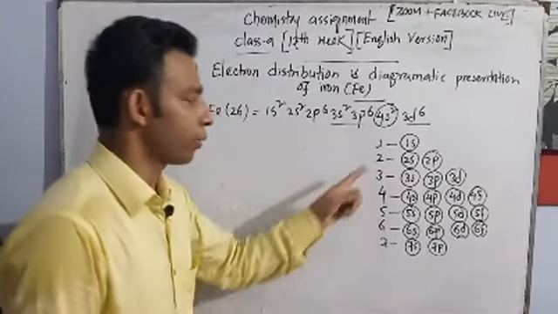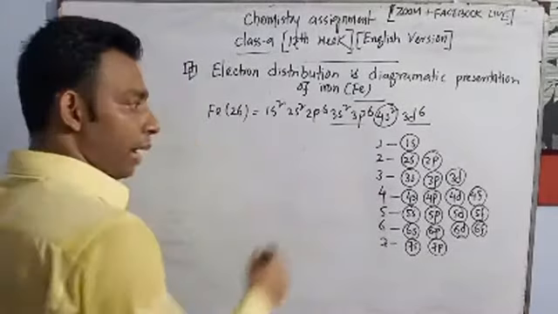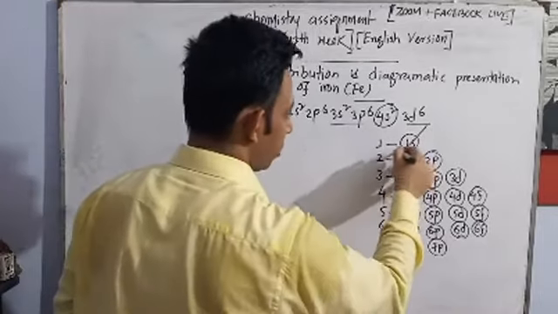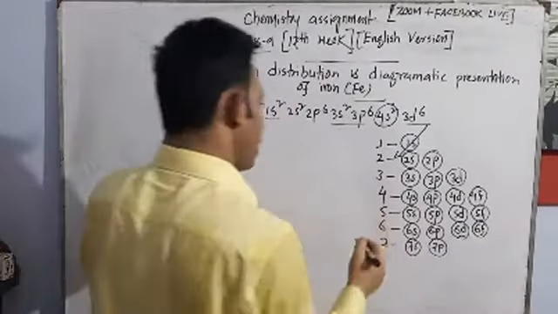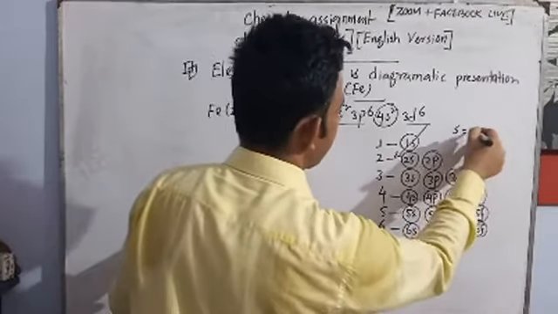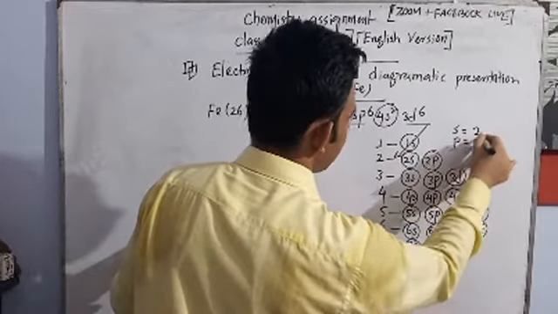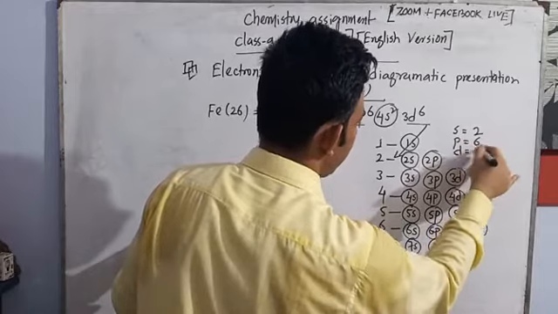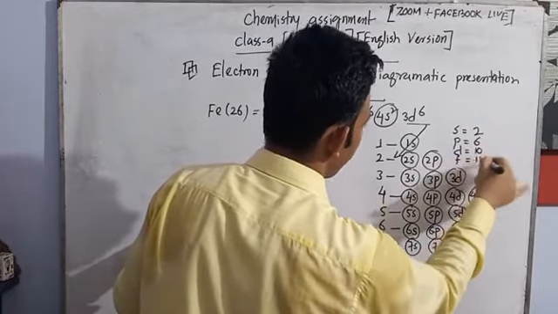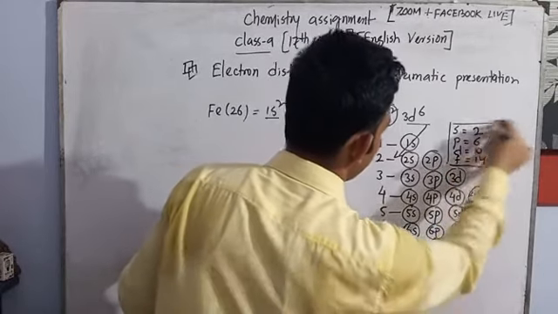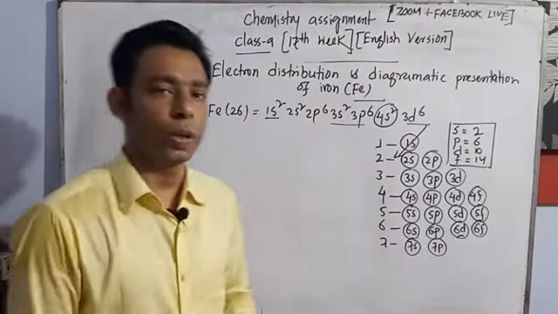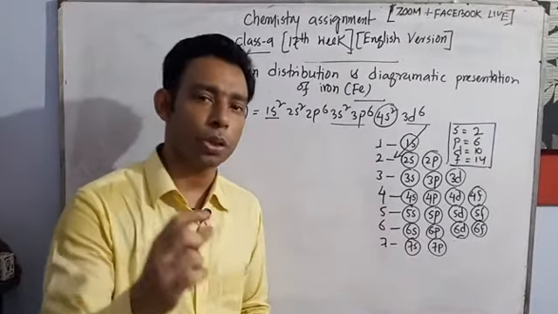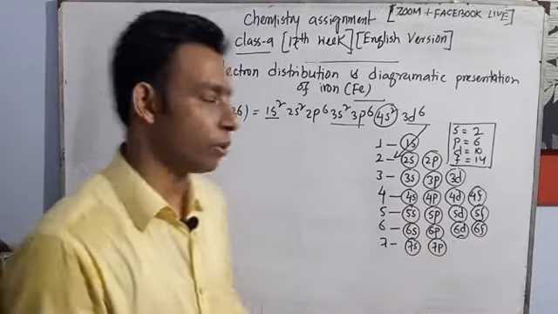So look here. First of all, you will write according to the formula of electron distribution. The first electrons go into 1s, and we know the s orbital holds a maximum of 2 electrons, the p orbital a maximum of 6, the d orbital a maximum of 10, and the f orbital a maximum of 14. You can write this at a corner according to the number of electrons each orbital can hold.